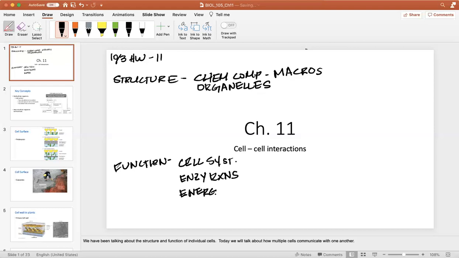So that's things like fermentation, cellular respiration, and even photosynthesis, okay? So we've talked about structure, we've talked about function, but so far what we've done is we've focused in on individual cells, right? Today, I want us to think a little bit about how cells talk to one another, about how they interact together to perform functions, okay?